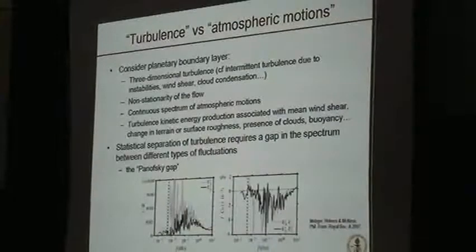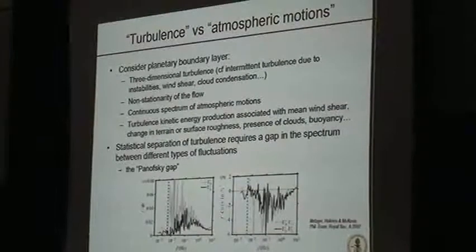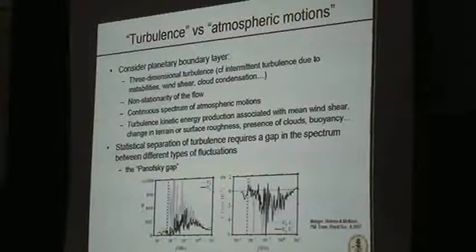So, I touched on this in the last slide. How do you separate turbulence that I want to measure from everything else that's going on in the atmospheric boundary layer? And we talked a little bit about three-dimensional turbulence, non-stationarity. There's a continuous spectrum of atmospheric motion.